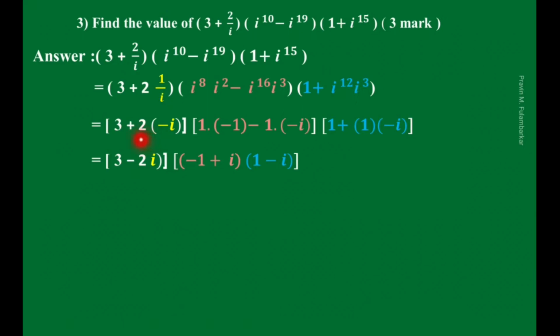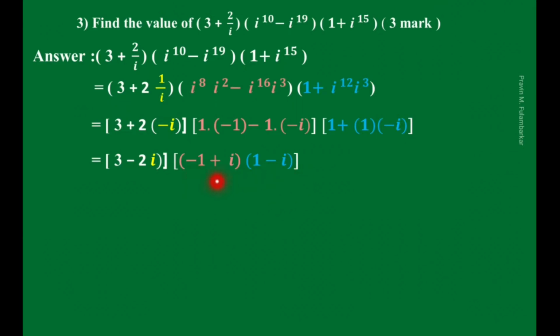In the first bracket plus minus minus, so we get in the first bracket 3 minus 2i. In the second bracket 1 into minus 1 is minus 1, minus 1 into minus i, minus minus plus i. And from the third bracket 1 plus, here 1 into minus i, so we get in the third bracket 1 minus i.